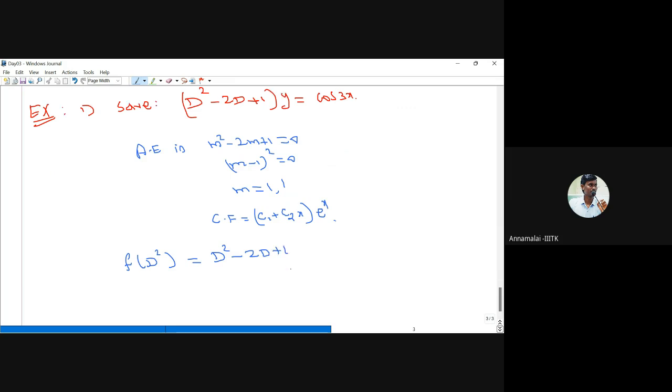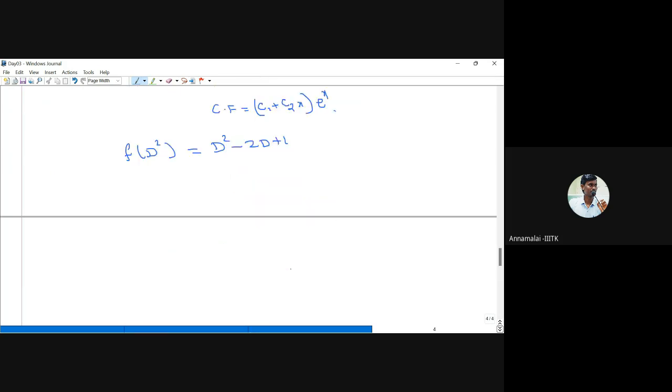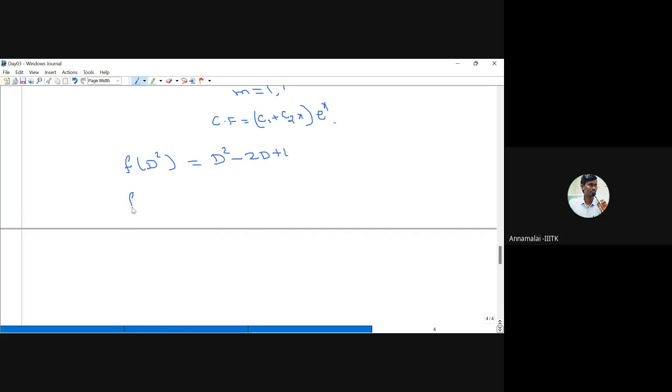Now L is here 3. Now what is f of minus 3 square? You substitute d square by minus 9, we get minus 9, and then minus 2d plus 1. So anyway, it will not be 0, right?